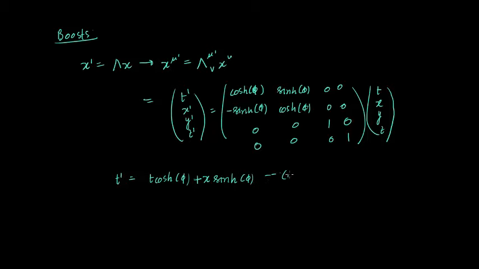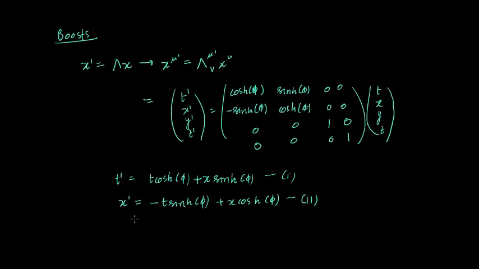That's equation number 1. And then x prime is in fact equal to negative t sinh phi plus x cosh phi. That's our second equation. Okay, so after this much work, we have arrived at 2 equations.